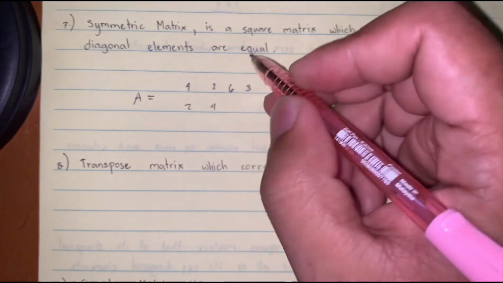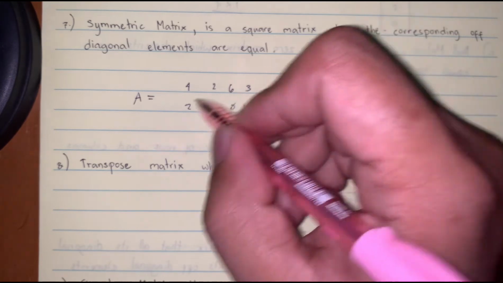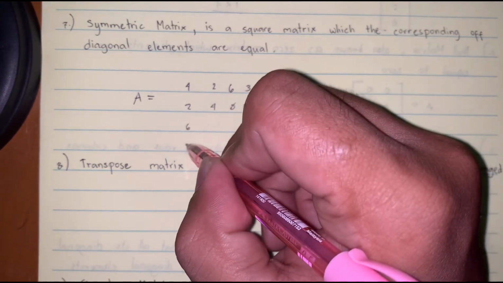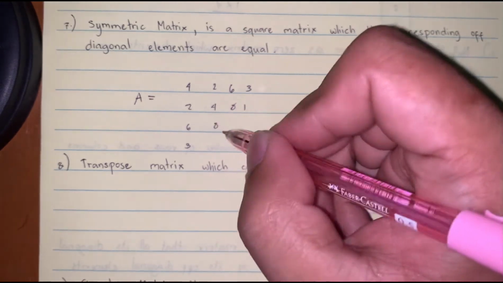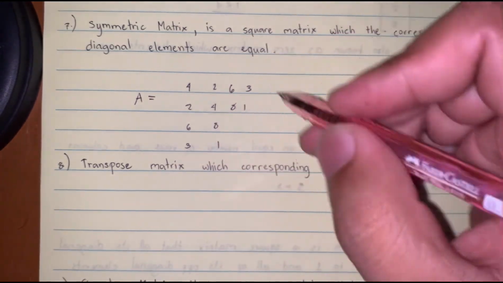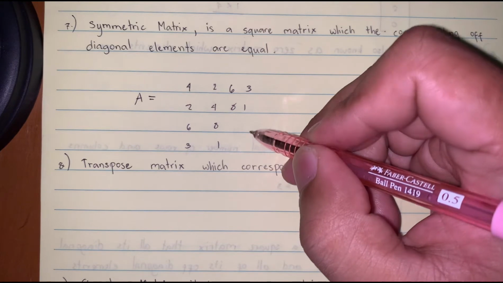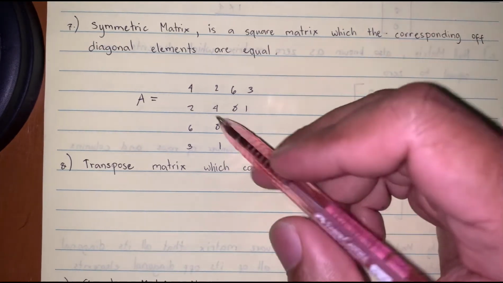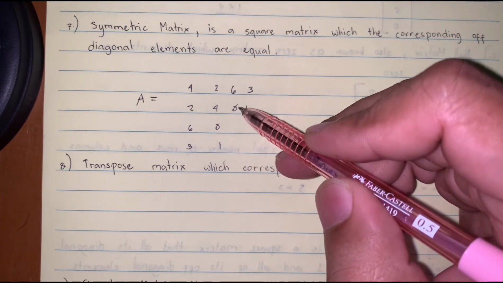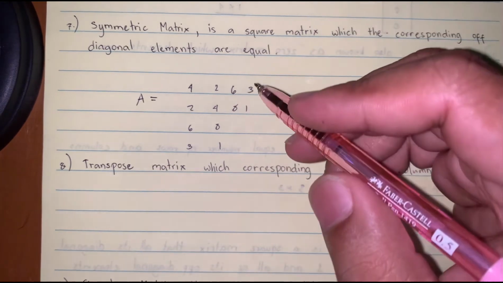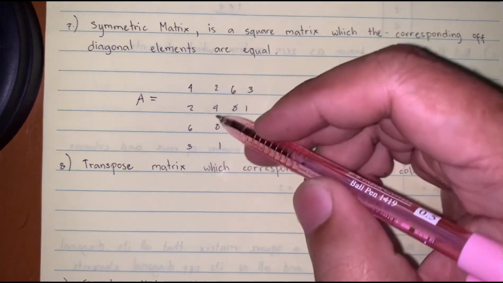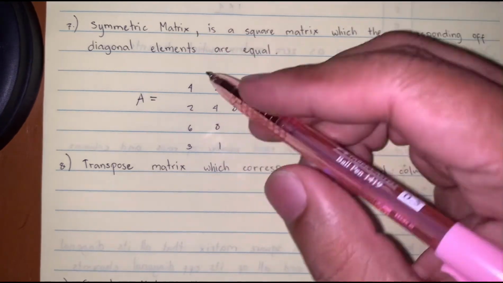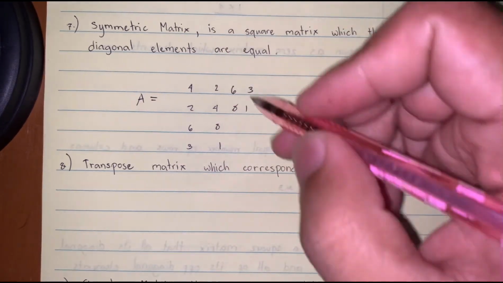So kapag tinranspose, yung column ay magiging rows, yung rows ay magiging column.